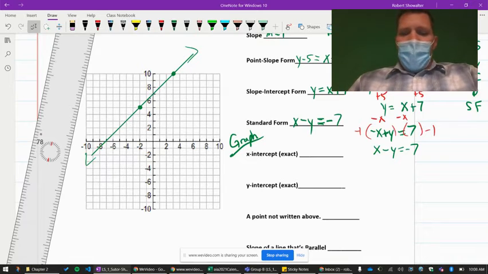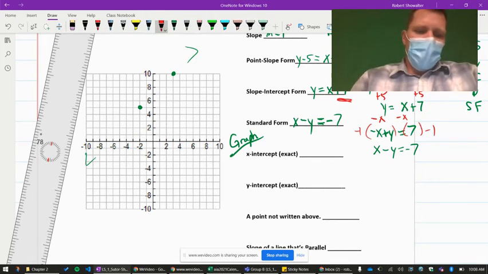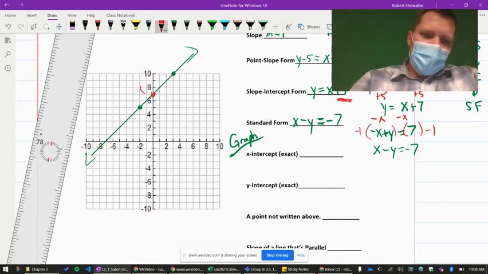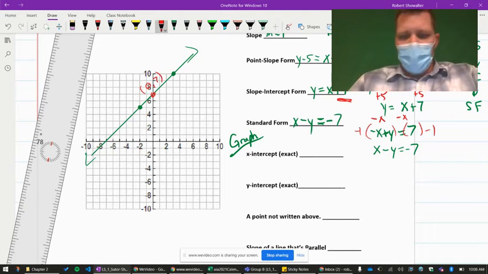All right, let's talk about the y-intercept. I think that's the easiest of the group because we've talked about it a bunch before. The y-intercept can be found from slope intercept form. It can also be found on the graph, where the graph crosses the y-axis. That's (0, 7), so the y-intercept is 7.